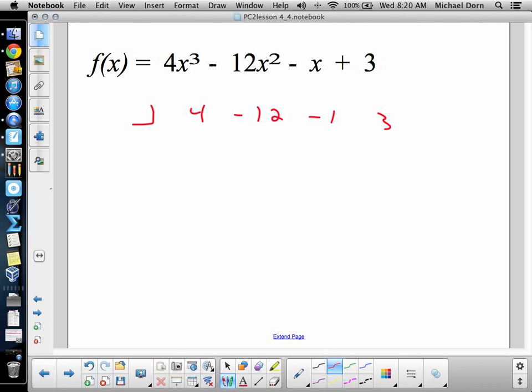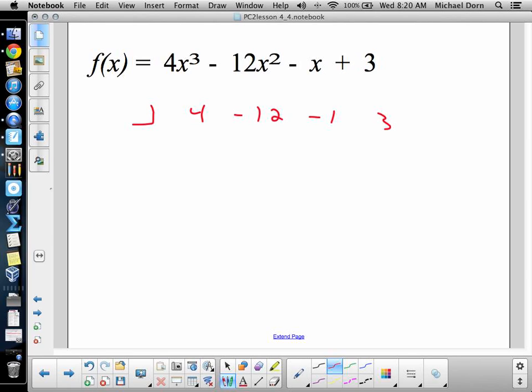Now, does that mean we don't put 1 in to find out what the y value is when x equals 1? Maybe we do, just for information's sake. Even though we know it's not going to get to 0, it's still going to give a point on the function. So sometimes we might actually use it even though we know it's not going to work, because it's easy and it gives us information.